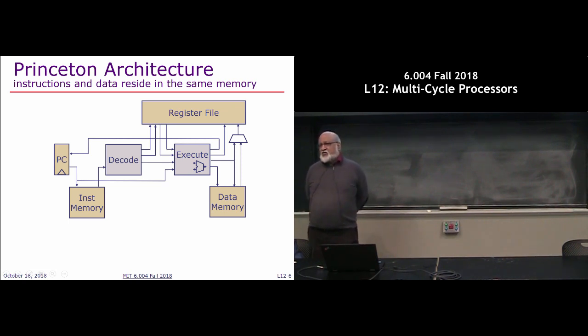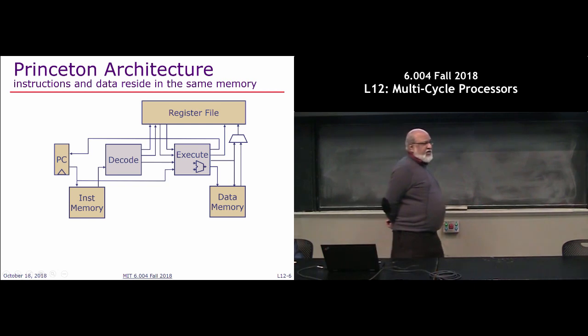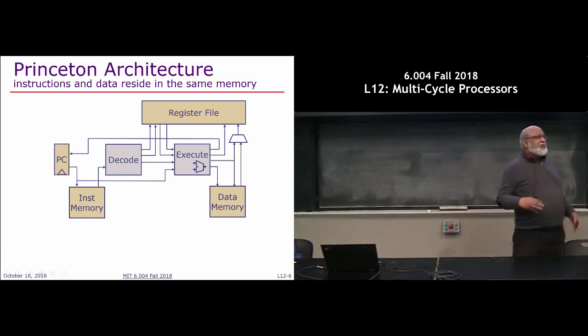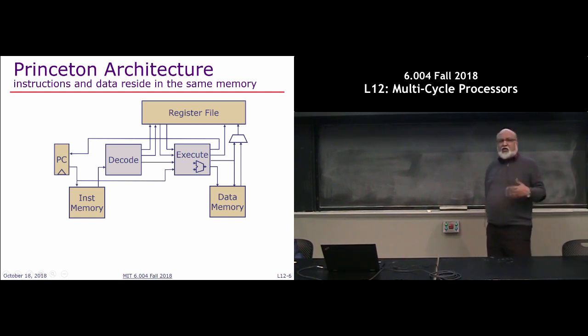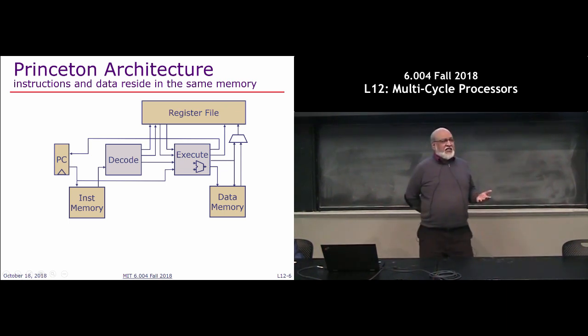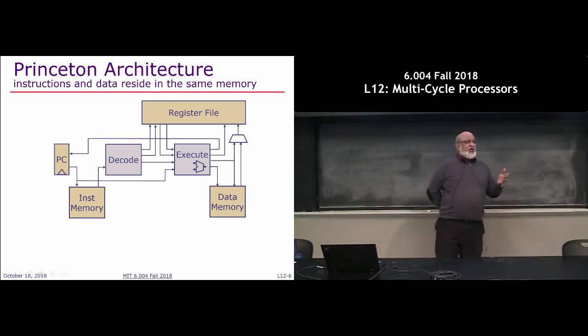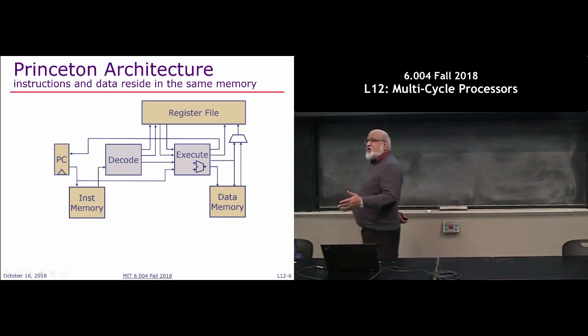At the time when this work was done, in the late 40s and early 50s, this distinction was huge. The way Harvard was doing it was not general enough. In fact, they were using completely different technology for doing the instruction memory. So much so that you could not modify any instruction in it. And one of the very big advancements in computing was because of von Neumann.